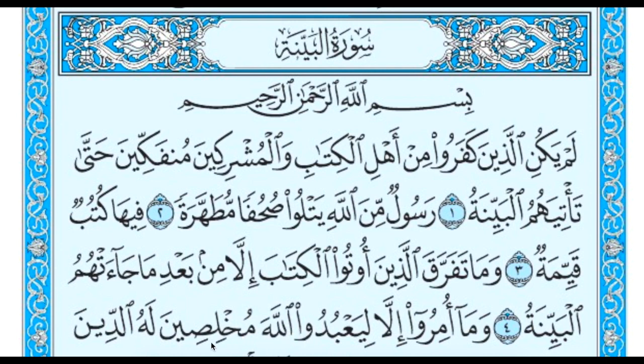Liya'budullaha mukhlisina, with sincerity. Mim, kha, lam, sad, ya, nun. Mukhlisina lahu ad-din. And the religion is for him, meaning you submit the authority of the religion to him. You worship God sincerely, and you don't go meddling with his law. You leave God to make the rules of the religion, to tell us what to do. There's no point in worshiping Allah sincerely, and then when God says something, you say, no, let's change these rules. There are some religions that update the rules of the religion every 5 years.